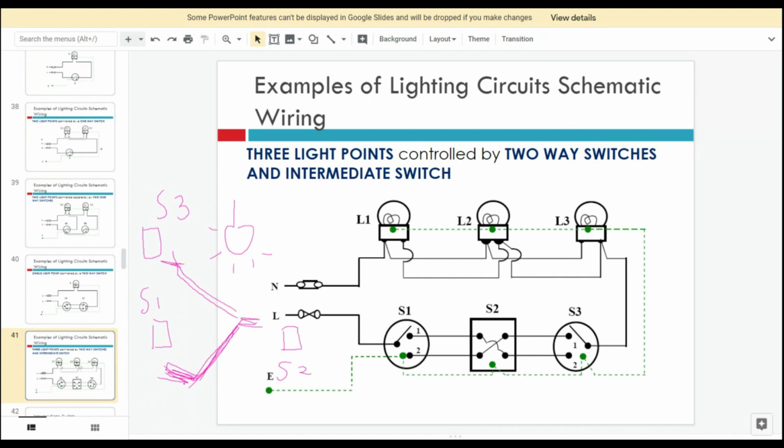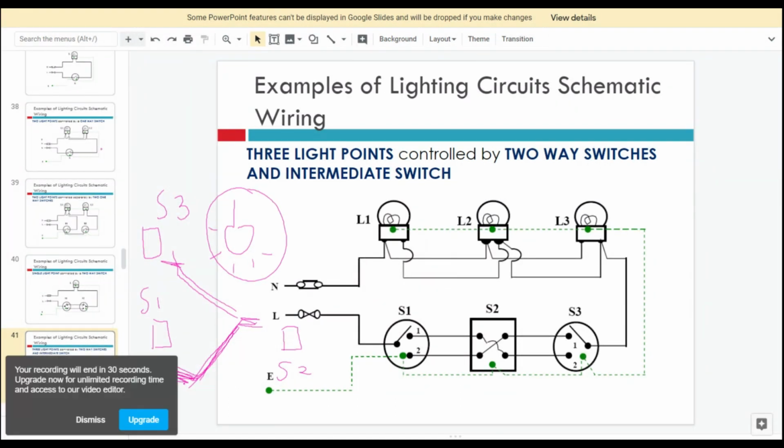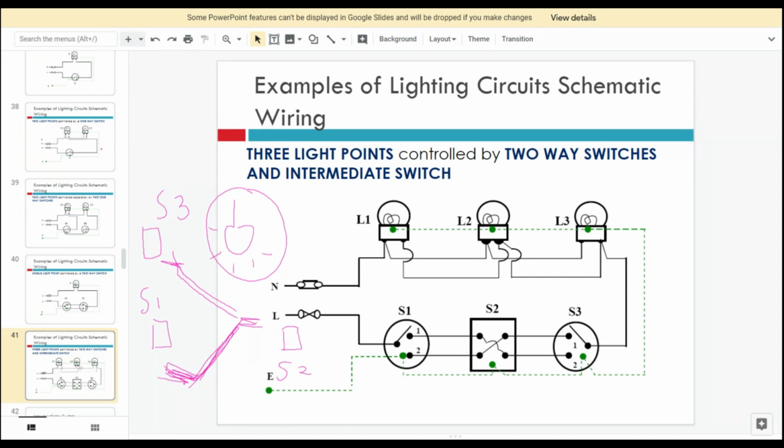Here, if we want to control one light point, we can control it by three switches: switch 1, 2, and 3. Switch 2 is the intermediate switch.